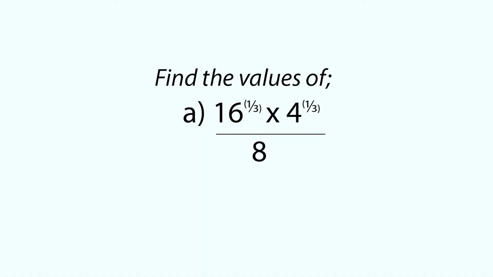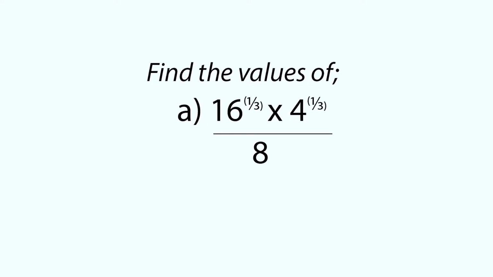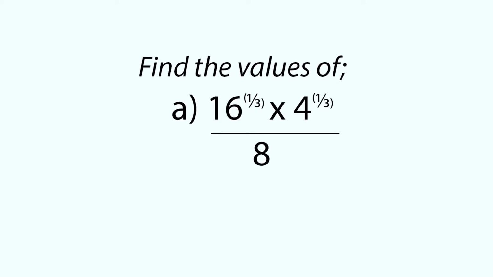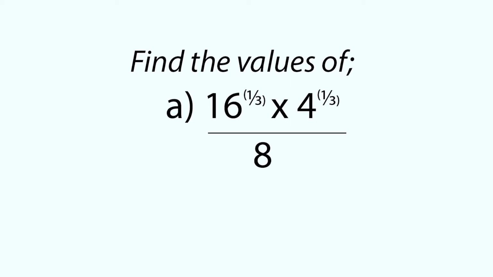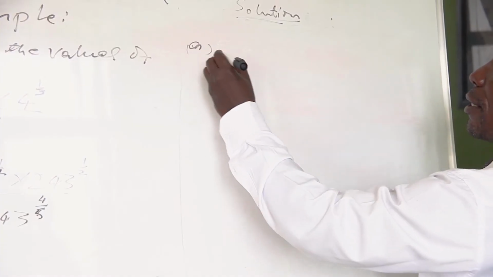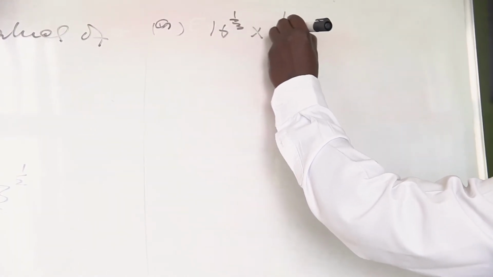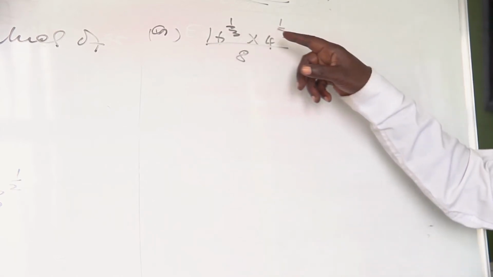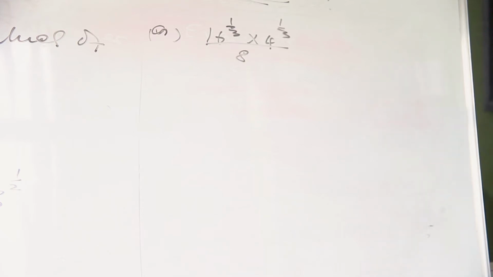Another example. Find the value of 16 power third times 4 power third, all over 8. When we look at 16, 4 and 8, all can be written as powers of 2.